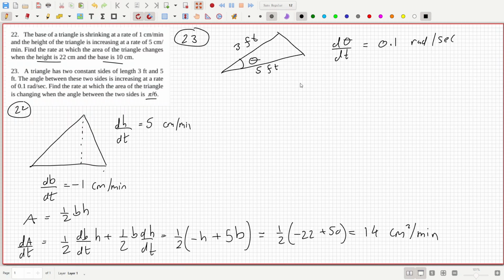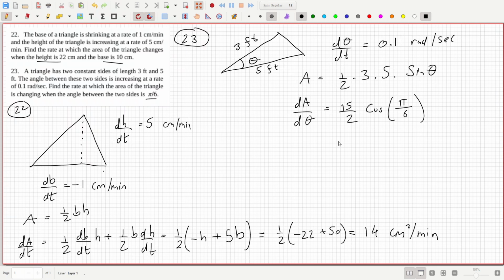Okay, so the area is a half, this is a trig rule, a half times 3 times 5 times sine theta. So dA/d theta will be 15 over 2 cos theta, and it's when theta is pi over 6.